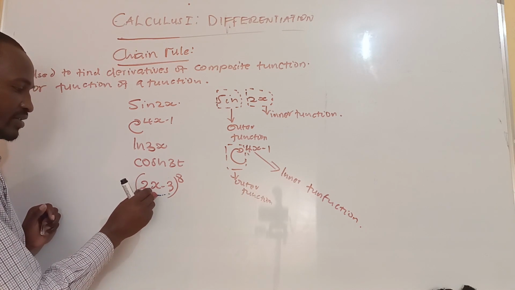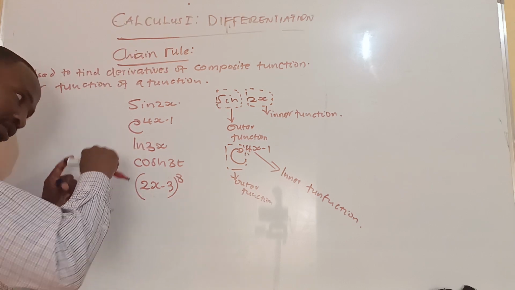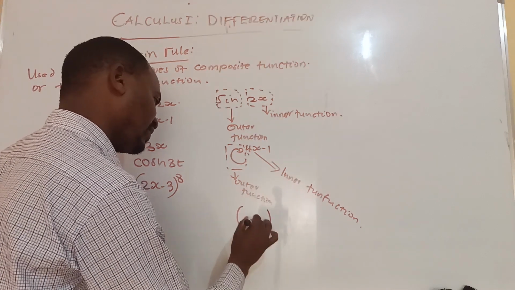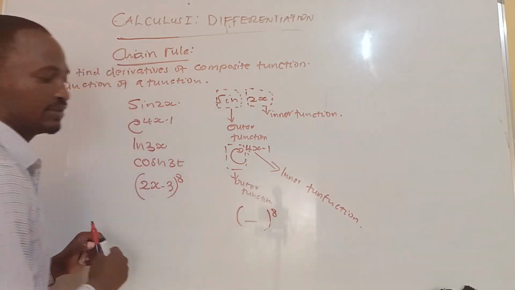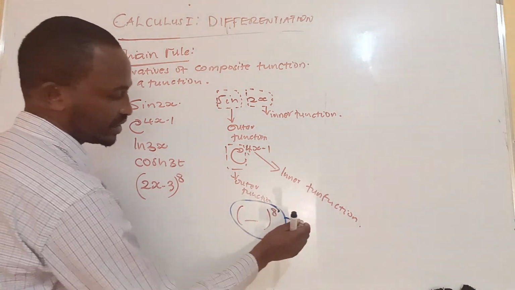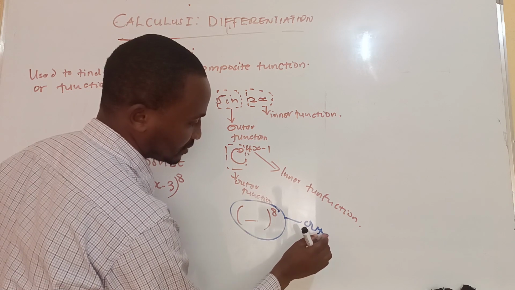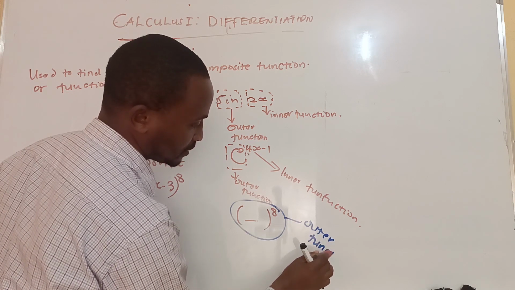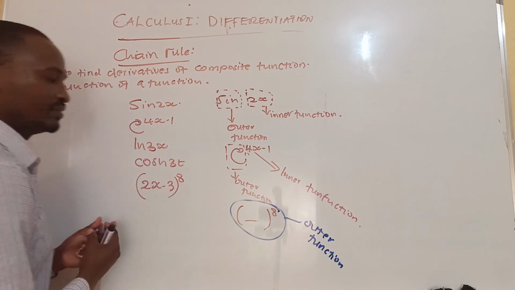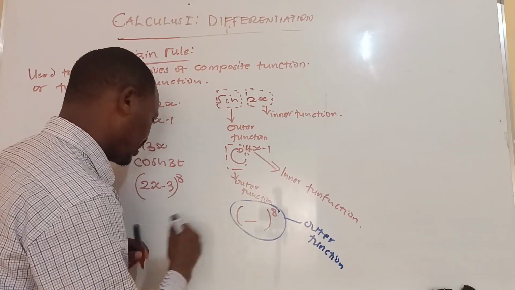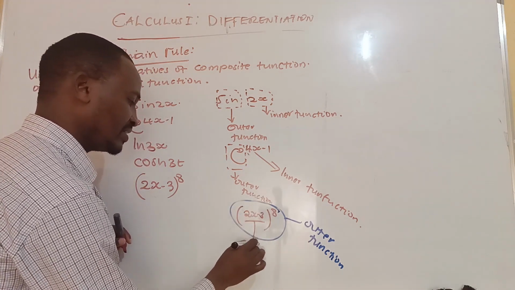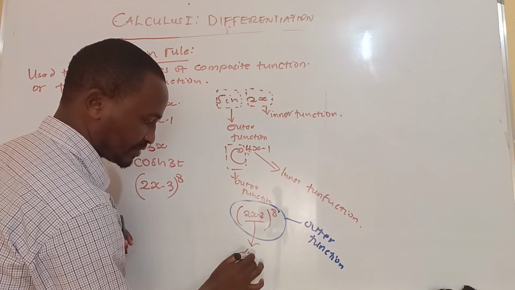Whatever is inside is the inner function, and the one outside is the outer function. Whatever is inside, 2x minus 3, is the inner function.